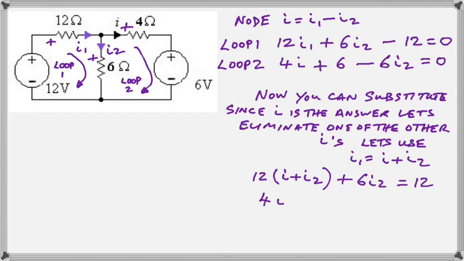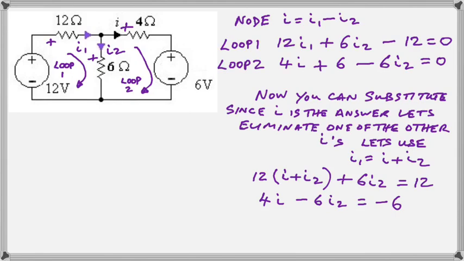So as you can see now, when we actually substitute, we're left with I and I2, and I1 disappears. You don't want the variable that you're trying to find to disappear. Even if it did, you could probably get it back by using the node equation at the end. But you want to have your I in your actual equations.